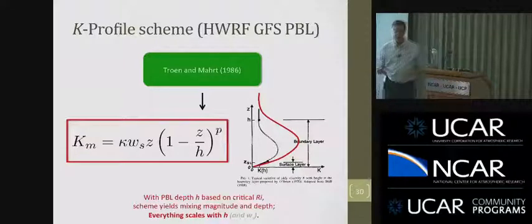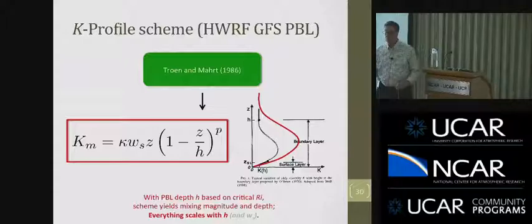So everything is basically scaling with H. The way these work is a first guess at the PBL depth is determined by computing a Richardson number, basically stability divided by shear, between the surface and a given level, and comparing that to a critical Richardson number, which varies amongst schemes. Okay, so if you use a larger critical Richardson number, you're going to end up with a deeper depth.